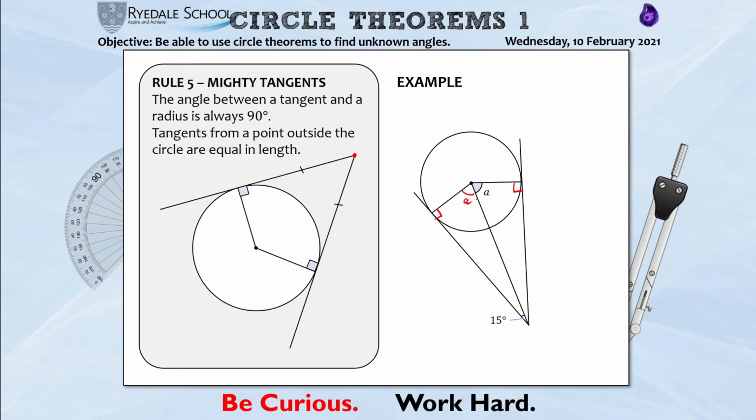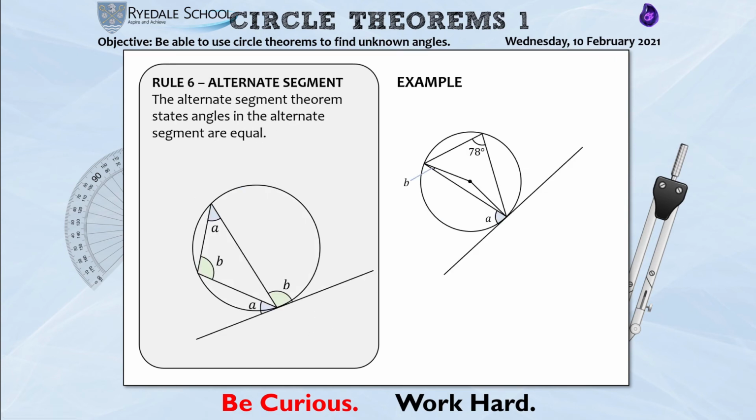So this is the same as angle A, this is the same as angle 15. So I can just use angles in a triangle here to work out A, and A is 180, take away 90 and 15. So it's the same as 180, take away 105, which is 75 degrees.